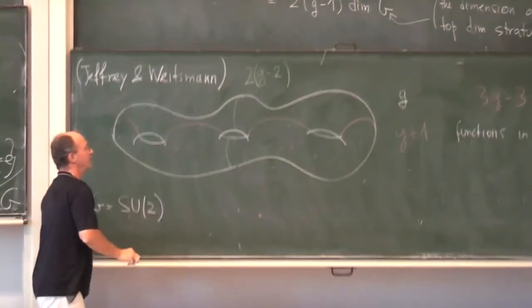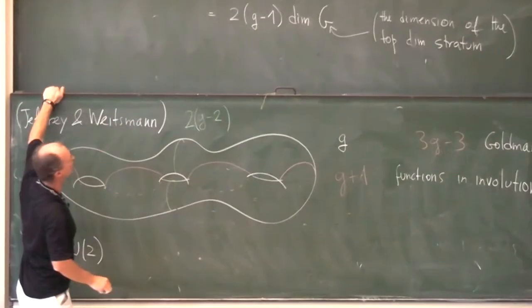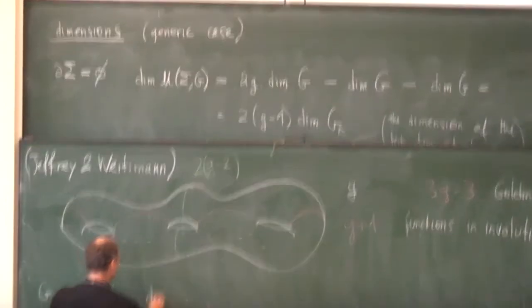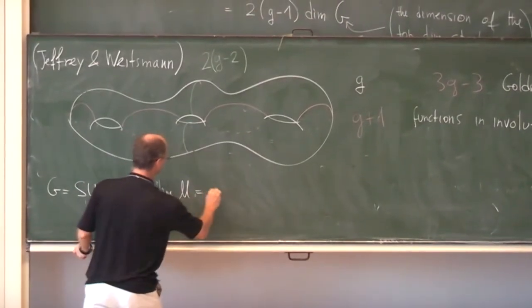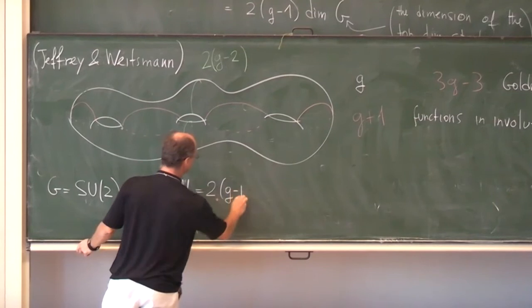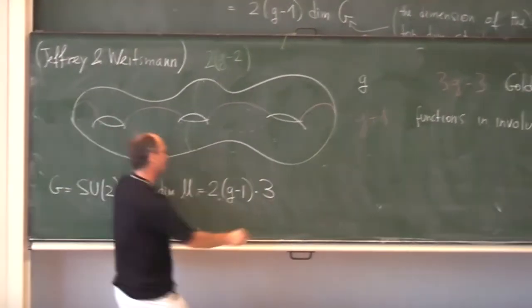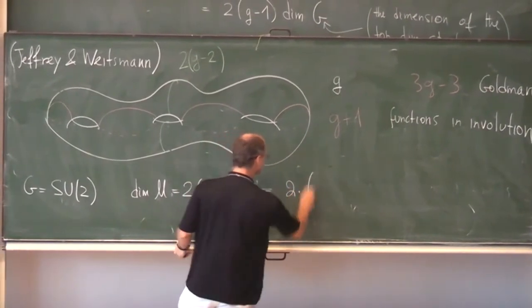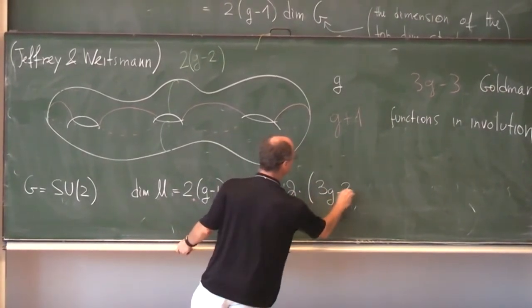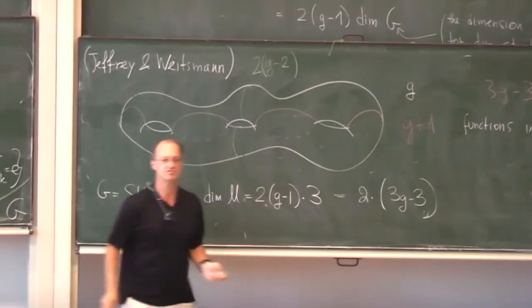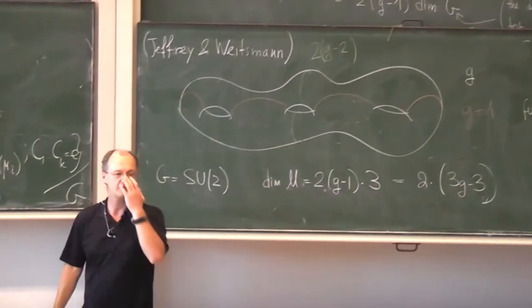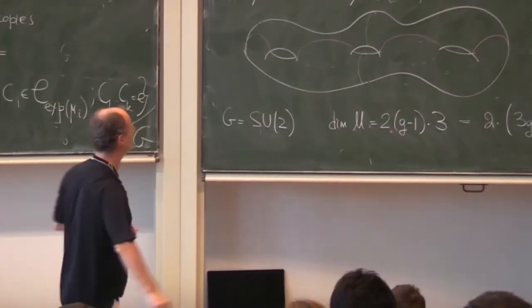You see, in this case, the dimension of the top stratum, so the dimension of M will be 2 times G minus 1 times 3. And this is exactly equal to 2 times this 3G minus 3. And this means that we get exactly half of the dimension of commuting variables.